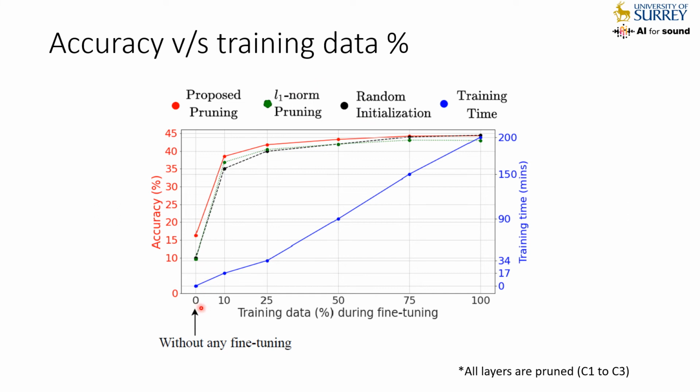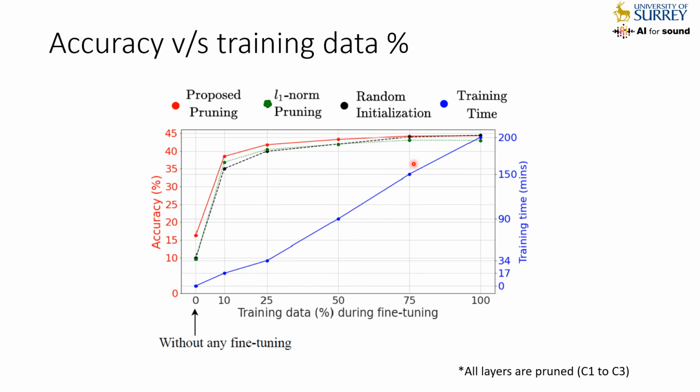And as the training data increases from 0 to 10%, there's a sharp regain in the performance, from maybe 15% to around 40% for the pruned network where all layers are pruned.